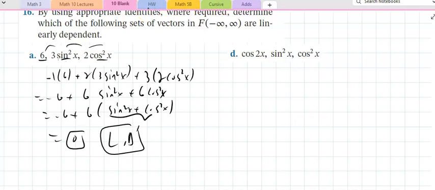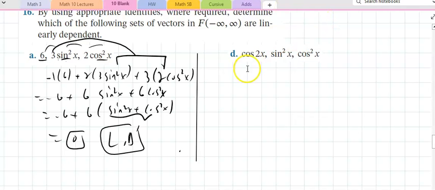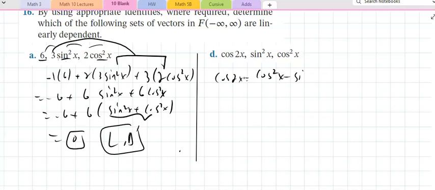So this is linearly dependent because these three are multiples of each other. I could multiply those two by numbers and get the third. Similarly here, I'm not sure how comfortable you are with this, but we know that cosine of 2x has 3 identities. One of them is the cosine squared of x minus sine squared of x.